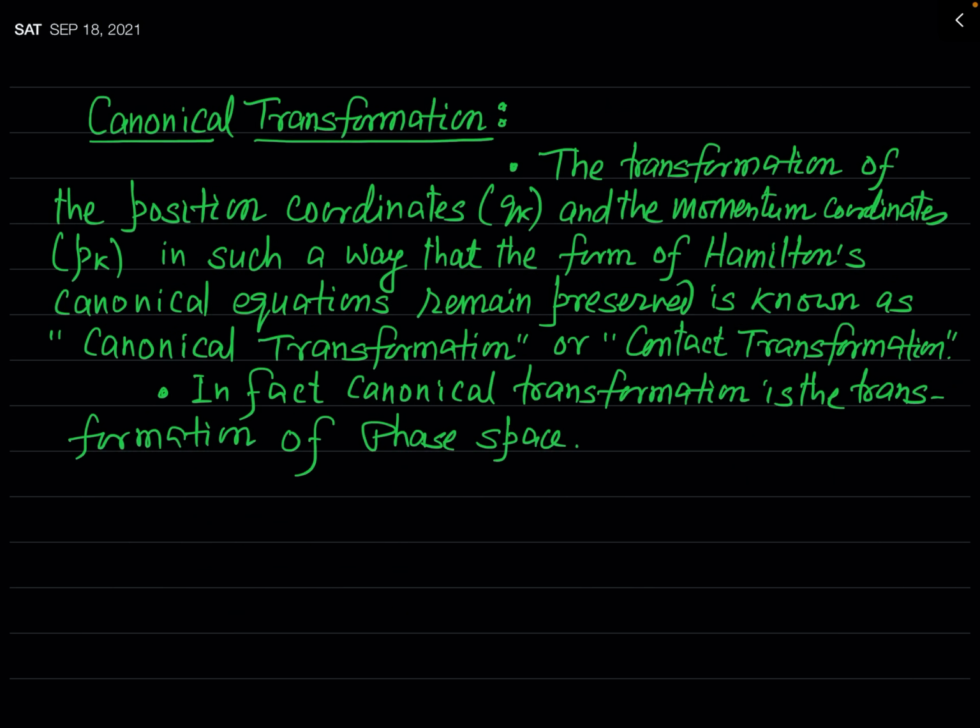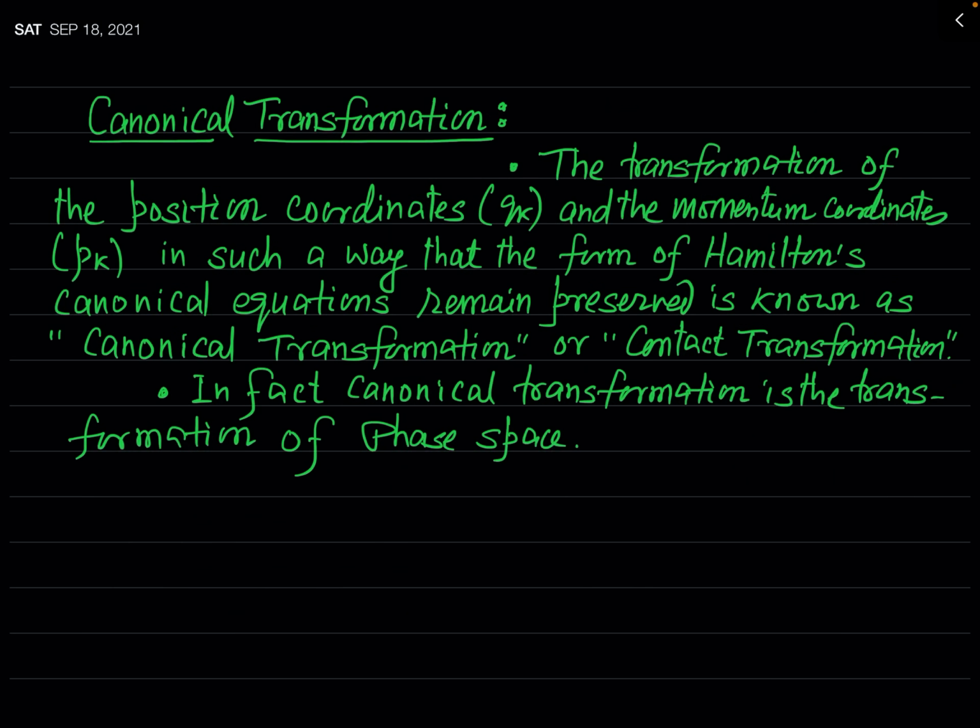When you say canonical transformation, which is also known as contact transformation, that means actually the transformation of phase space. As you have seen, point transformation means transformation of configuration space, but canonical transformation means transformation of phase space. But you know, in phase space, the state of a particle or a system is specified in terms of two coordinates, the position coordinates qk and the momentum coordinates pk.